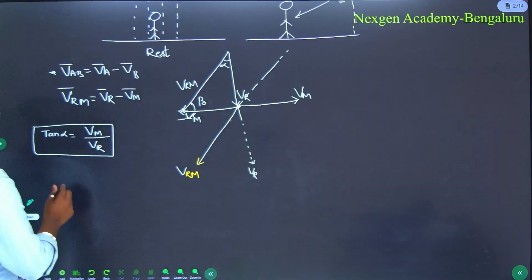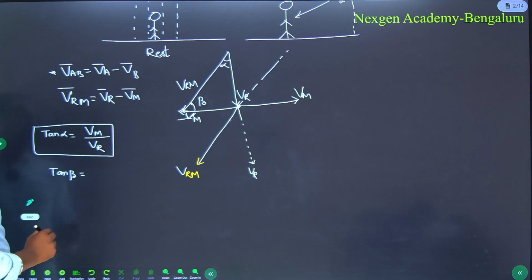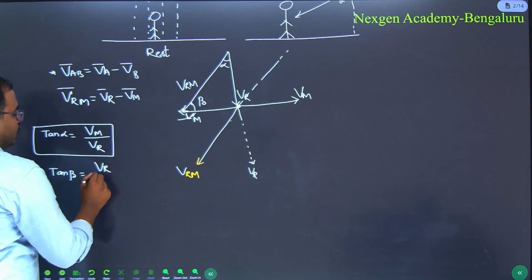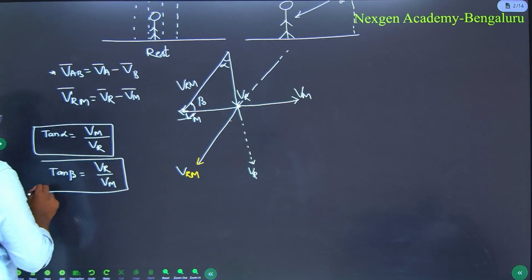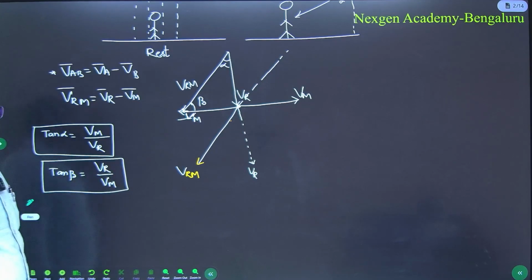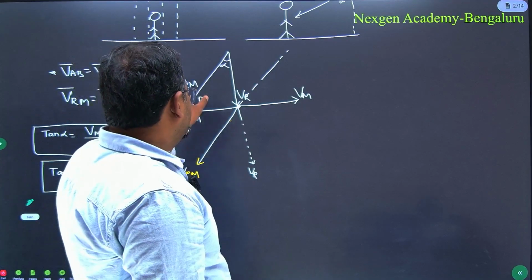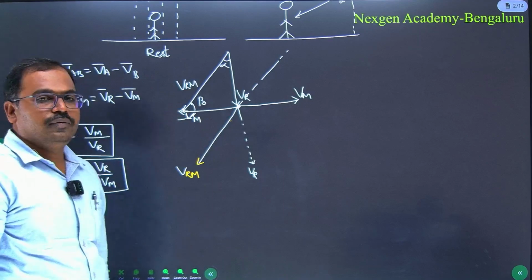Now tan beta is the angle with the horizontal. This is equal to opposite side VR and adjacent side Vm. In this way, we have to hold the umbrella. So this man has to hold the umbrella if he is moving with a certain velocity at an angle beta with the horizontal.